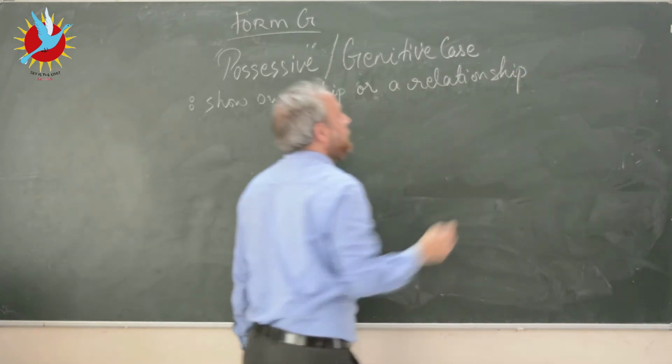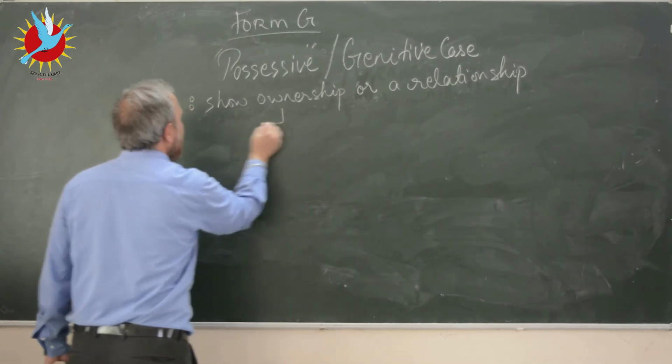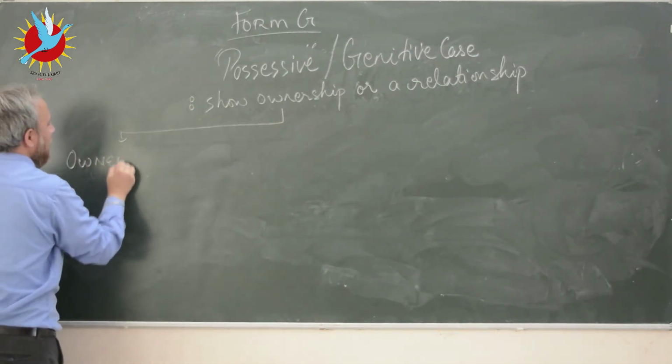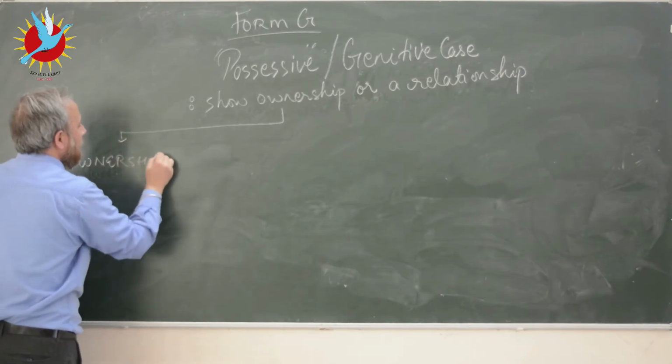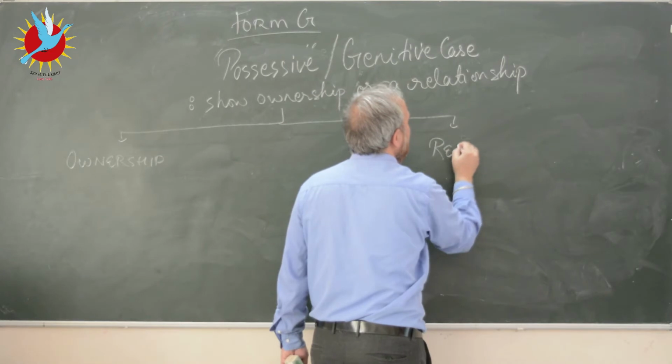Let's see how it works. Let's say we have ownership here and relationship here.